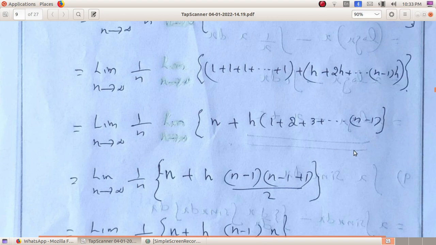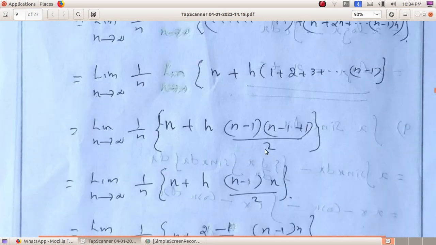If there is n minus 1, n minus 1 into n minus 1 plus 1 by 2. If there is k, k into k plus 1 by 2. So n plus h into n minus 1, this minus 1 and plus 1 are cancelled, so n minus 1 into n by 2.